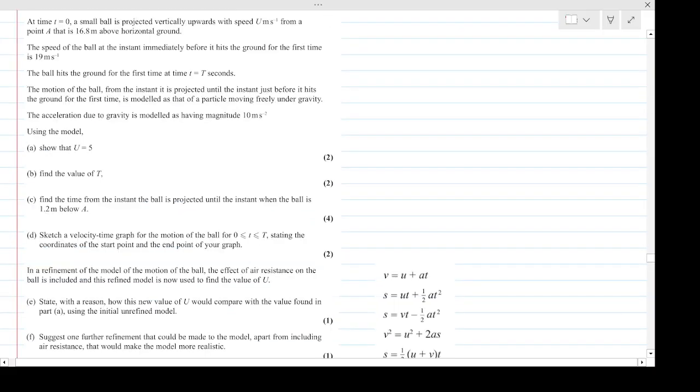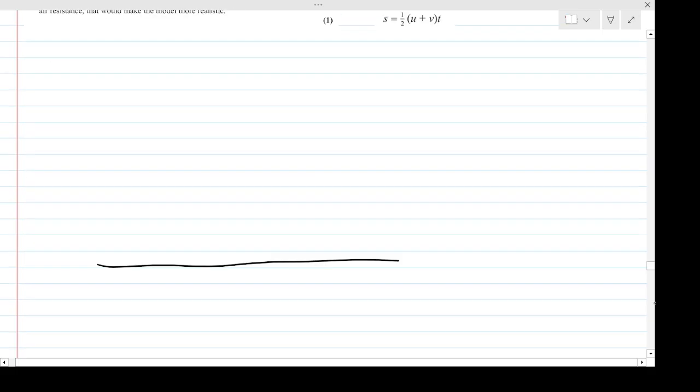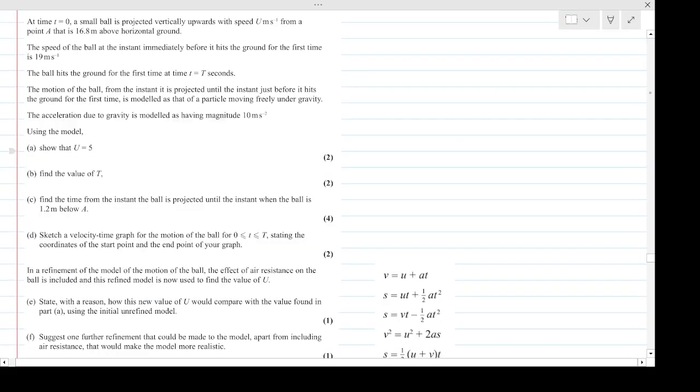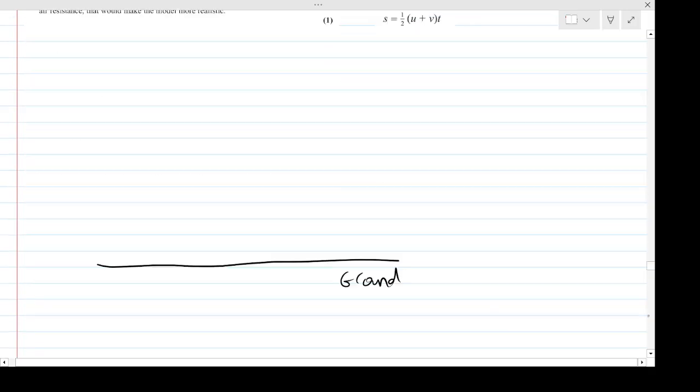I'm not going to read it all out. So we've got a ground level, right? We're told it hits the ground, so there's a ground level. We're at a point A initially, that's 16.8 meters above the ground. So let's say A is here, which is 16.8 meters up.